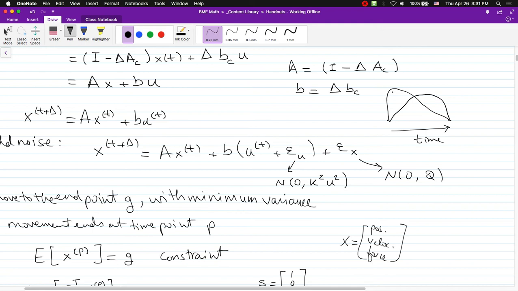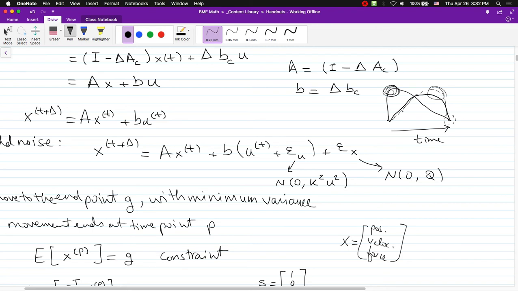It turns out that if you produce the big forces early, accelerate early and coast, then the system is more likely to have a small variance because the commands that you're producing at the end are going to be small. On the other hand, if you move like this, then you're going to produce big commands at the end of your movement, which is going to result in large variance. So if you're going to move a system in order to have small variance, and that variance depends on the magnitude of your commands, it's better to generate those large magnitude things early on than later.